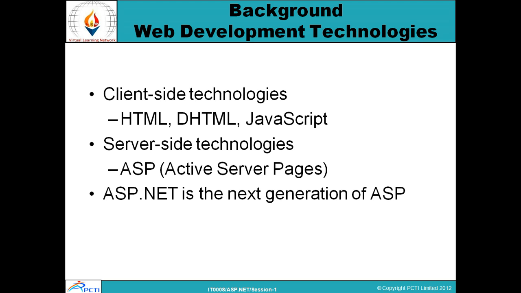While at the server side, we have active server pages, that is ASP. ASP.NET is the next generation of ASP. Sometimes it is observed that some students think ASP and ASP.NET are similar. That is not true. ASP was the previous version and ASP.NET is the next generation of ASP.